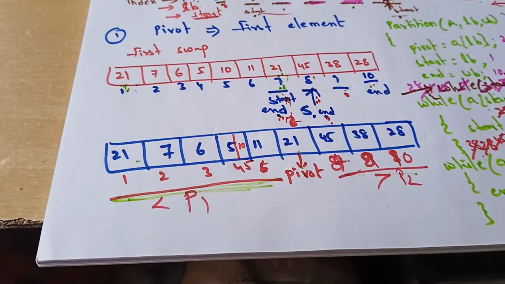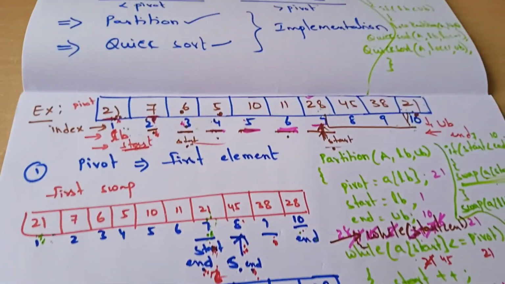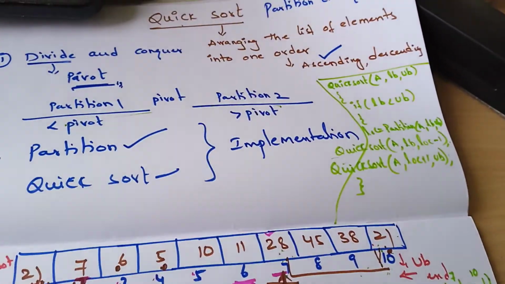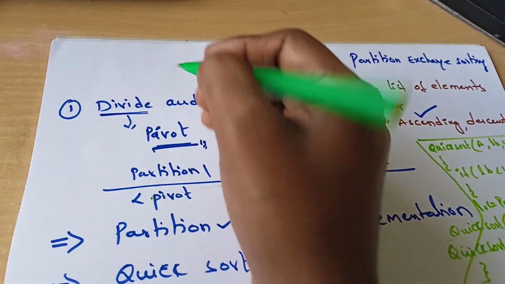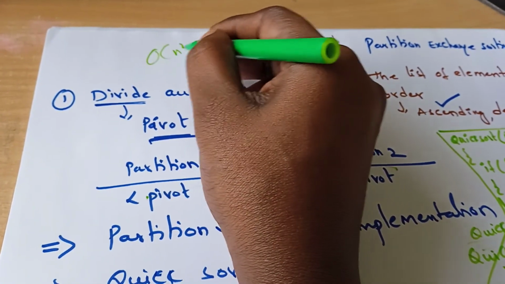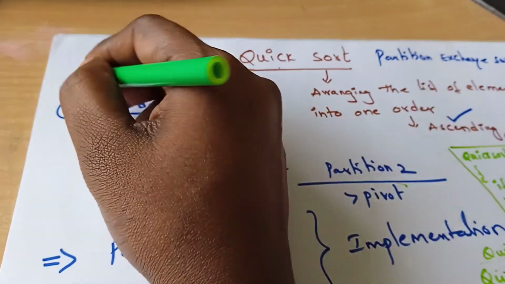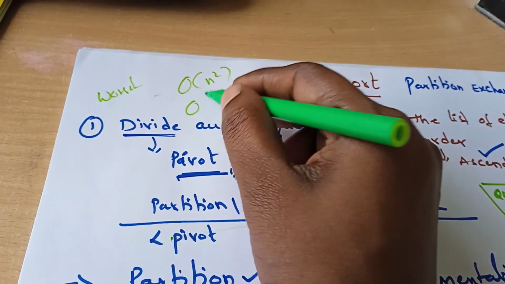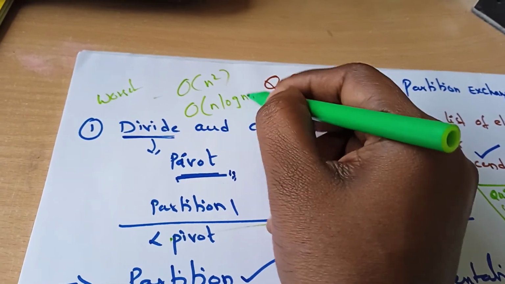In my next video we will be calculating the complexity of quicksort. Quicksort worst complexity is big O of n square. It is the worst complexity, and the best and average complexity is big O of n log n.